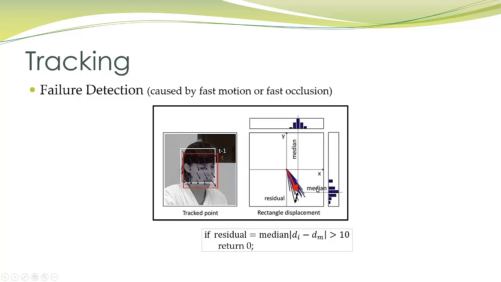To validate whether this vector is valid or not, you calculate again the median difference between the vector you calculated and the other individual motion vectors. If this value is larger than a certain threshold, such as 10 pixels in this implementation, you determine that this is not a good tracking result and you discard it.